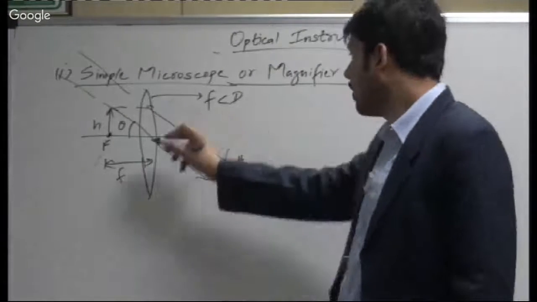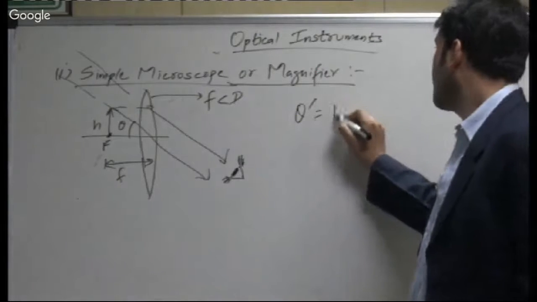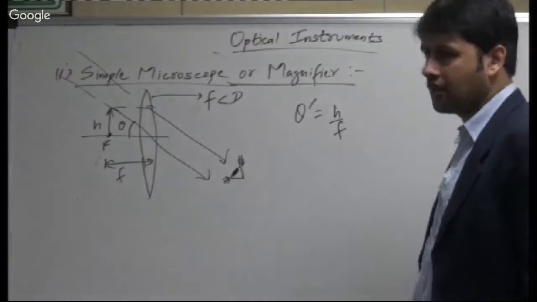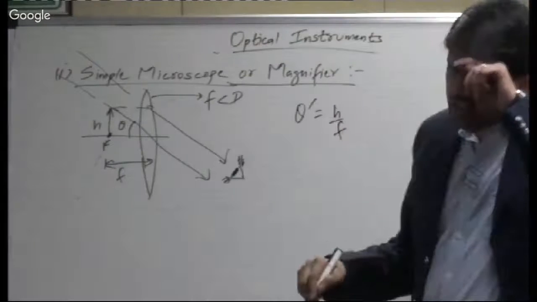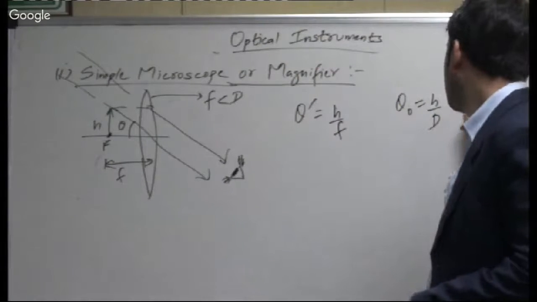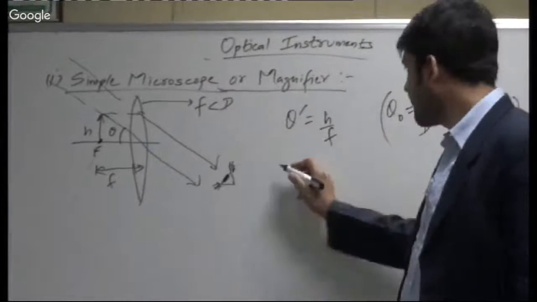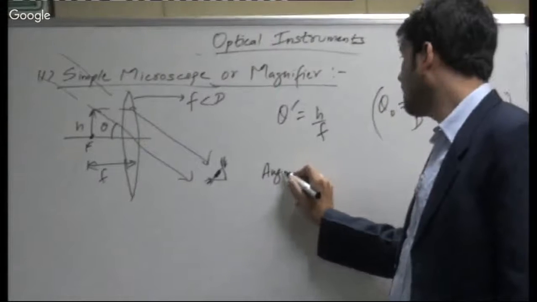What is the visual angle in this case? Theta dash is h by f, है ना. और नेकेड आई के लिए थीटा नॉट होता था h by d. Let's see angular magnification.